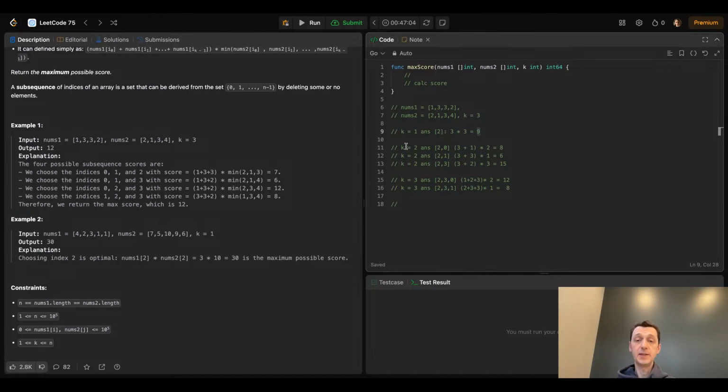I mean, it's still going to be k squared, because for each k we'll need to check all the remaining, which is about n squared in the worst case. So we can't really do that, right?